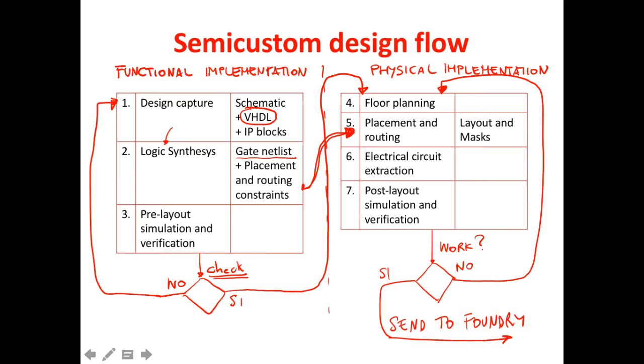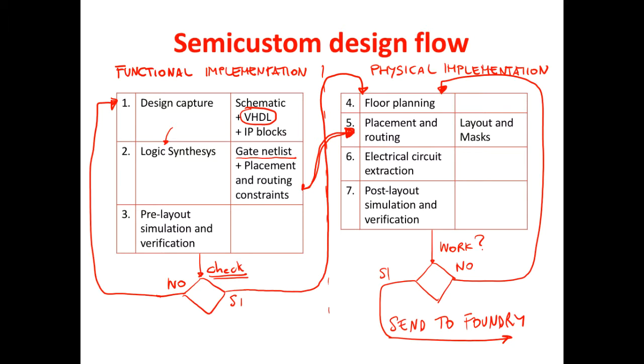So let's look at the different phases. We can distinguish two main phases. A phase of functional implementation and a phase of physical implementation. Okay, so at the level of functional implementation, you want to check that the circuit works.